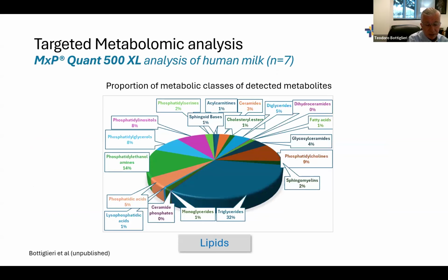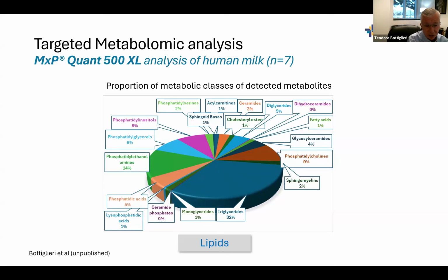We ran a pilot study with 7 milk samples, and actually we've done more studies since then, but I'm showing you here just the analysis using the Quant 500 XL on 7 human milk samples. This just shows the distribution of the proportion of the metabolic classes of the detected metabolites with this kit.